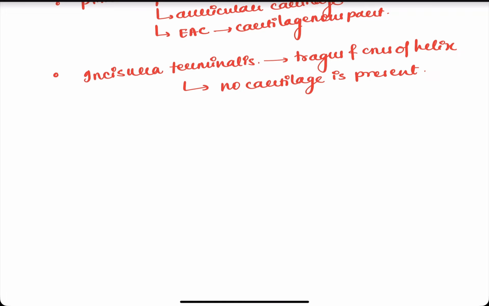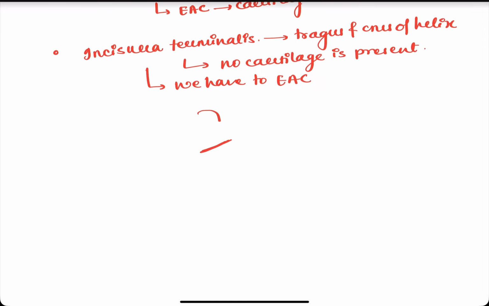That's why if we have to reach the external auditory canal, we give an incision through the incisura terminalis. This is our crus of the helix and this is our tragus. In between these two there is the incisura terminalis. And this approach is known as the endaural approach.